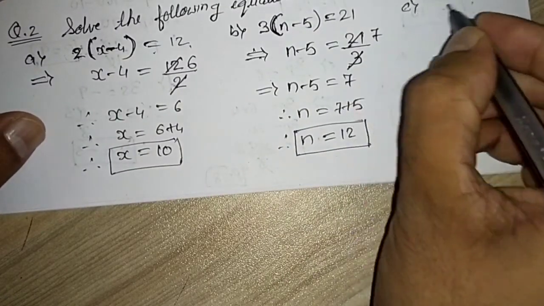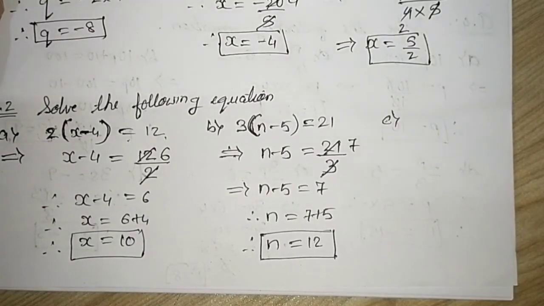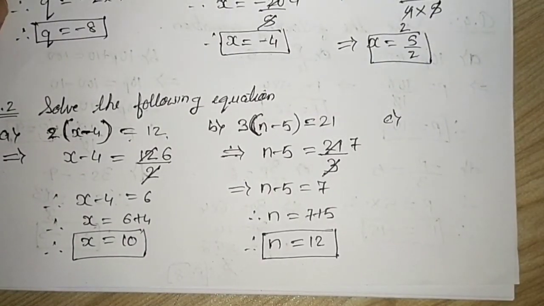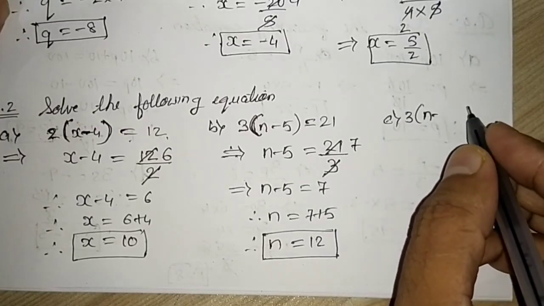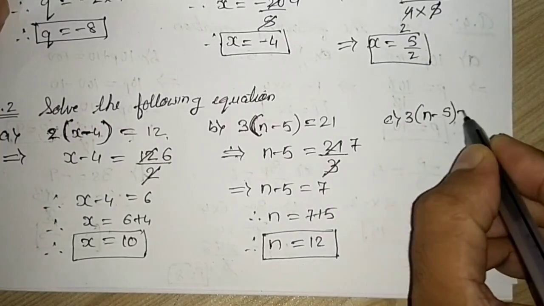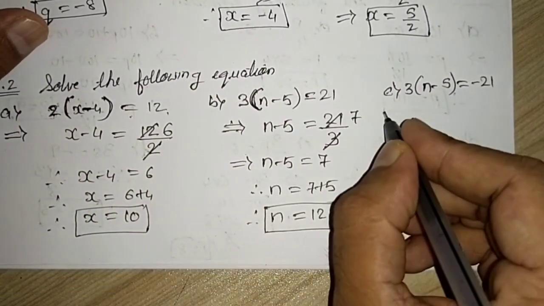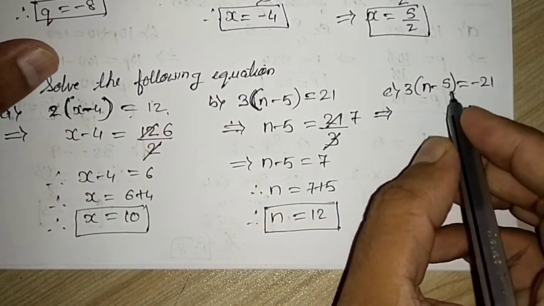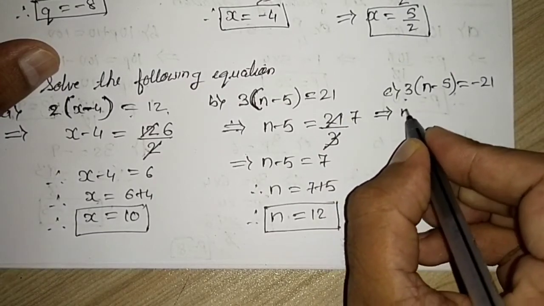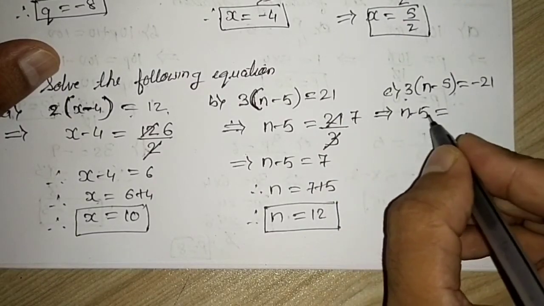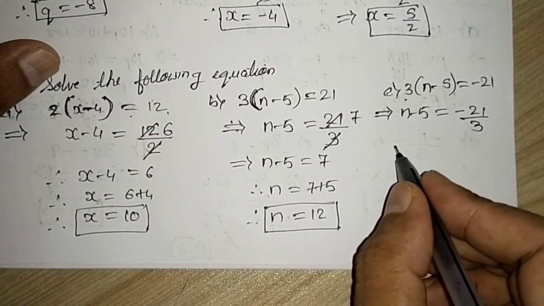Solving part C. Part C says 3 into bracket n minus 5 is equal to minus 21. Now same rule will be applied. 3 which is in multiplication with this whole bracket, it will go in RHS, so it will become n minus 5 is equal to minus 21 divided by 3.